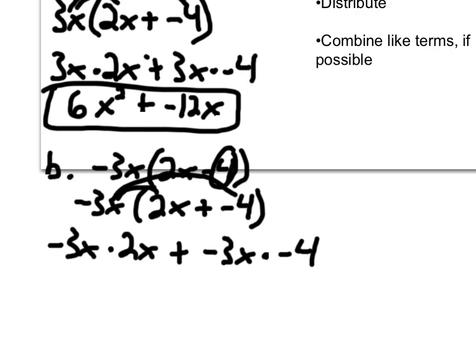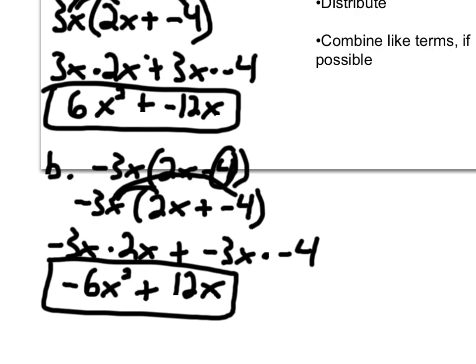Well, negative 3 times positive 2 is negative 6, and then I got the two x's. So it's negative 6x squared. Keep your plus sign. Then do negative 3x times negative 4. Negative 3 times negative 4 is positive 12. And one of them had an x, so I'm going to throw the x on the end. And there's our answer, because we can't combine any like terms because x squareds aren't the same as x's.